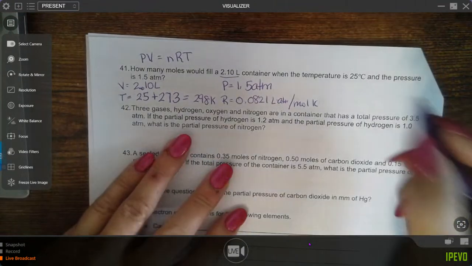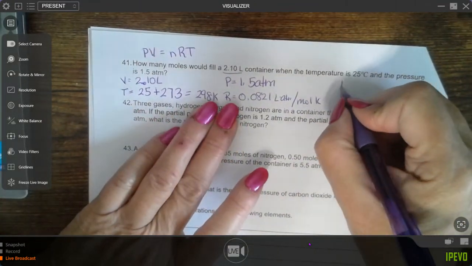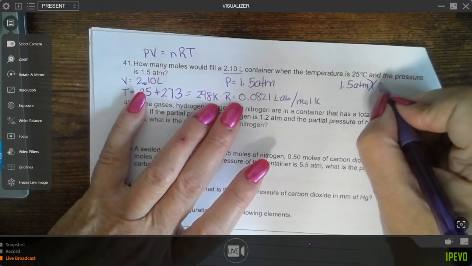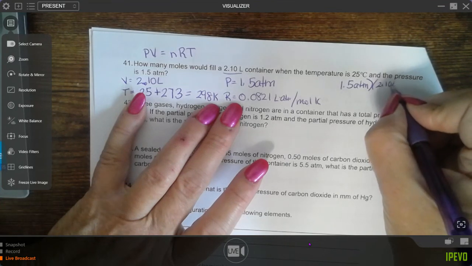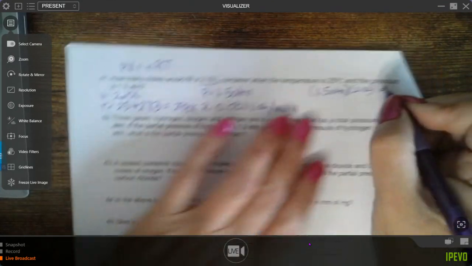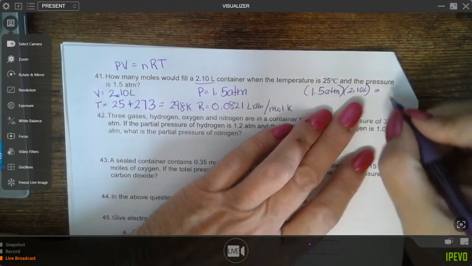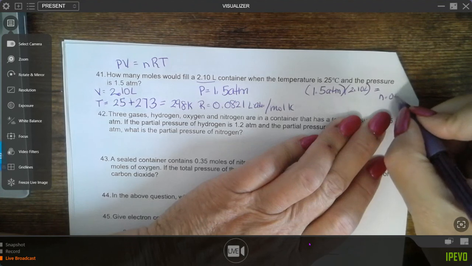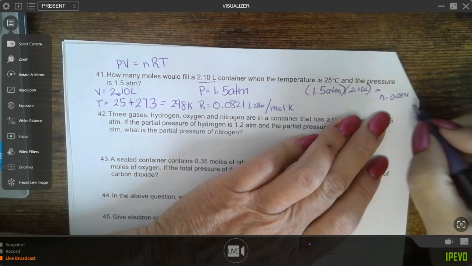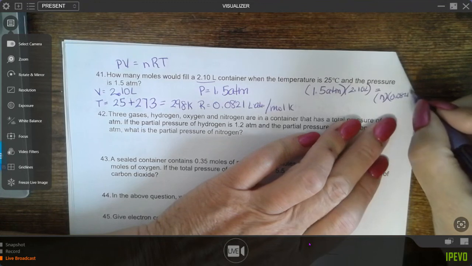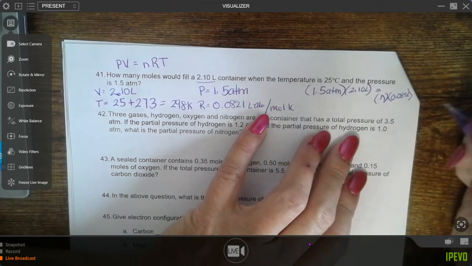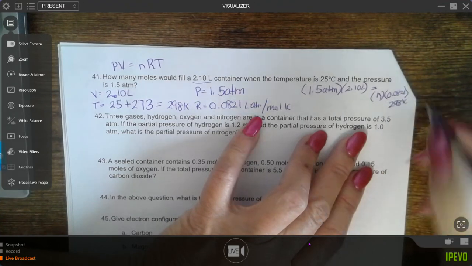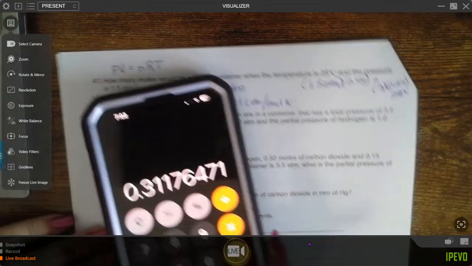All right, let's plug this in. So P, 1.5 atmospheres times V, 2.10 liters, is equal to n, what we're looking for, times R, 0.0821, I didn't leave myself enough room, times T, 298 K. What a mess. Okay, so let's plug this in.